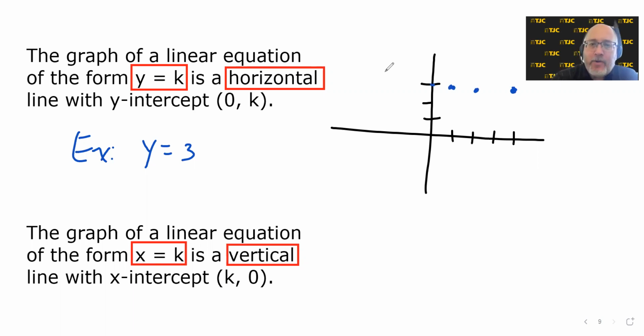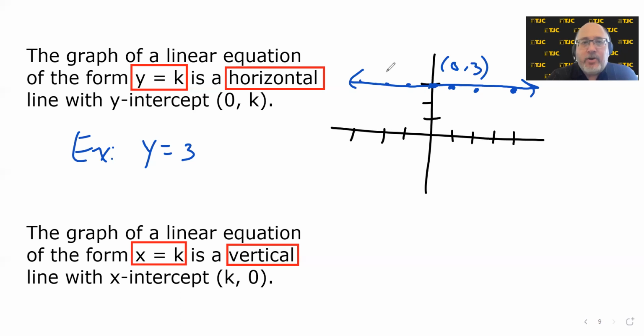But no matter how far we go, whether it's positive or negative, the y must equal 3. So we can go left or right wherever we want, but then we have to go up 3. And all the points that are up 3 are on a horizontal line whose y-intercept is (0, 3). So the degenerate equation y equals k, degenerate because it's missing an x, is a horizontal line.